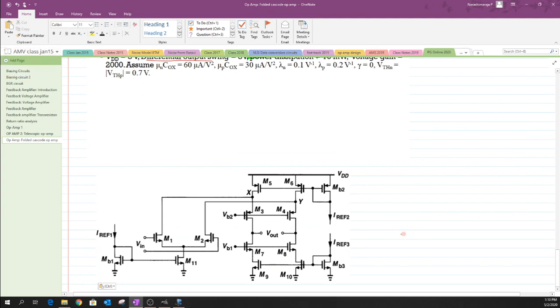Clearly, this is the structure that was asked to be drawn, and we have M1 and M2, which is nothing but the input differential pair realized using NMOS devices. You see that the drains of these NMOS devices are connected to the PMOS load.